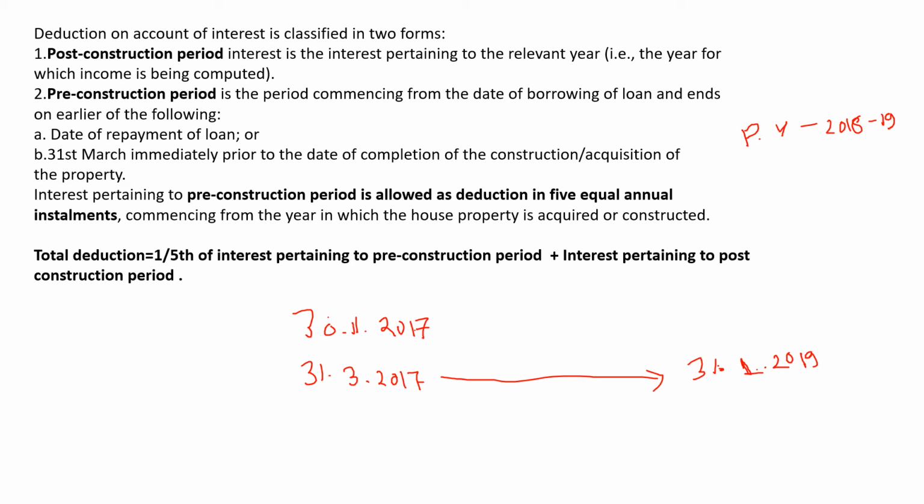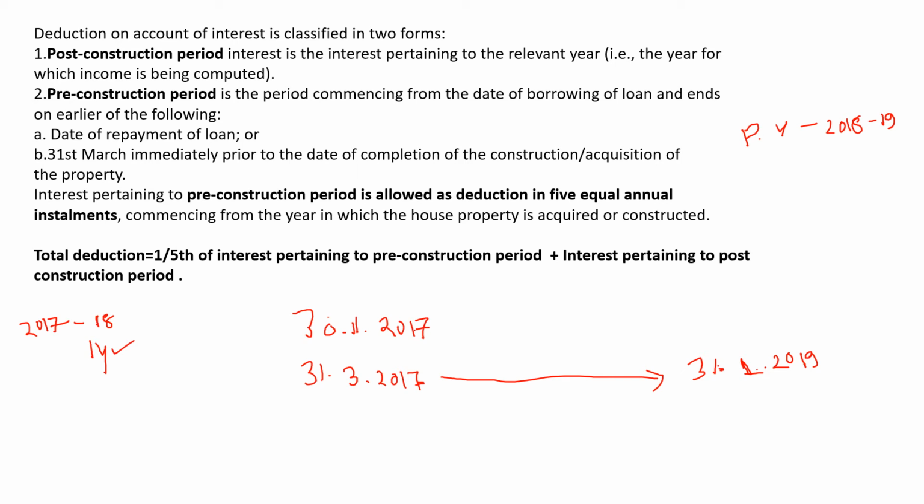From 31st March to 31st March 2018, it will be 1 year. That means 2017-18, my time period is 1 year. I will be finding out the interest for 1 year.